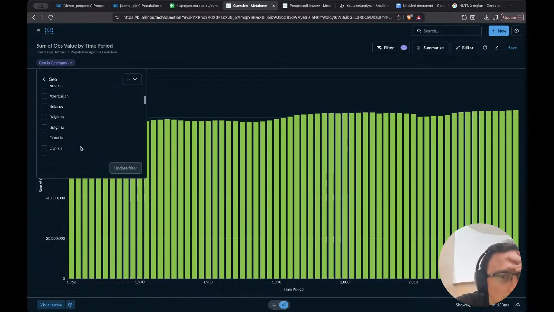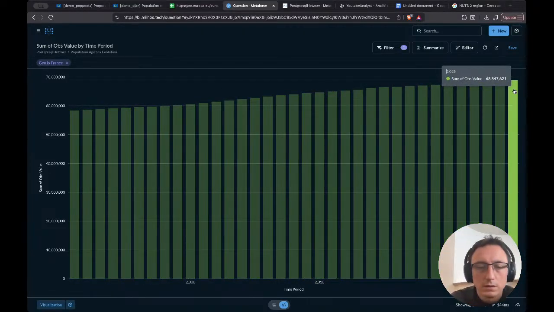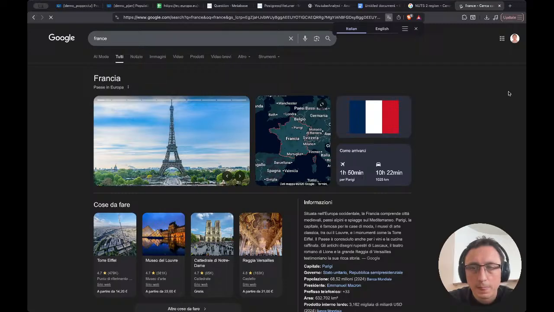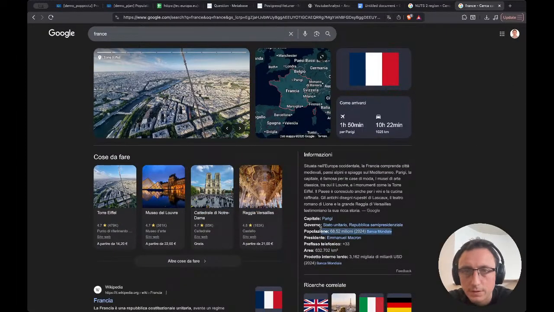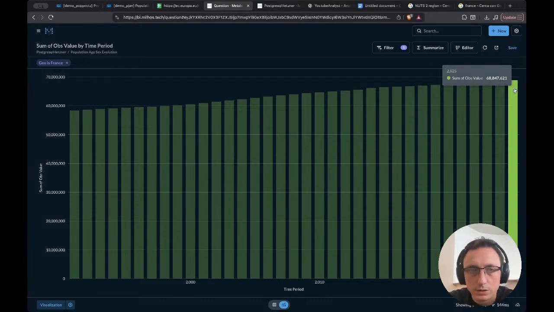Then I was noticing that we have a similar situation also for France. We have this metropolitan France, but then we have also France. So, what is the current population of France? It says 68 million, which is correct.